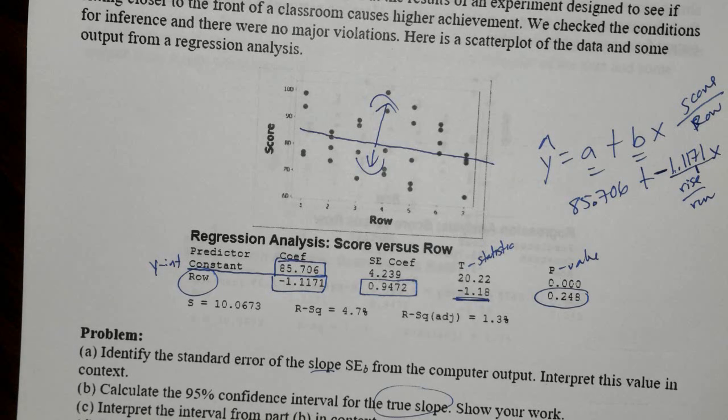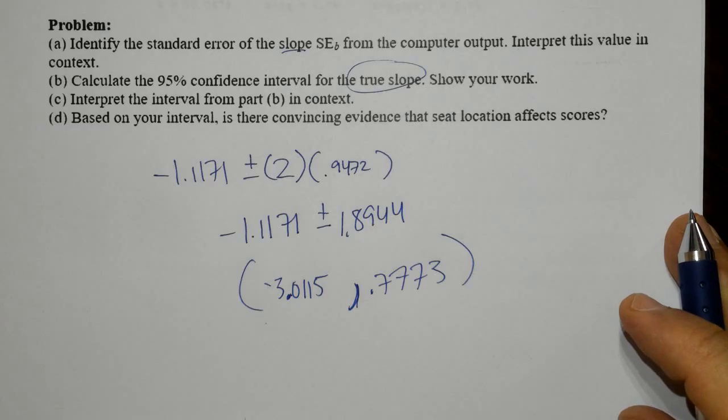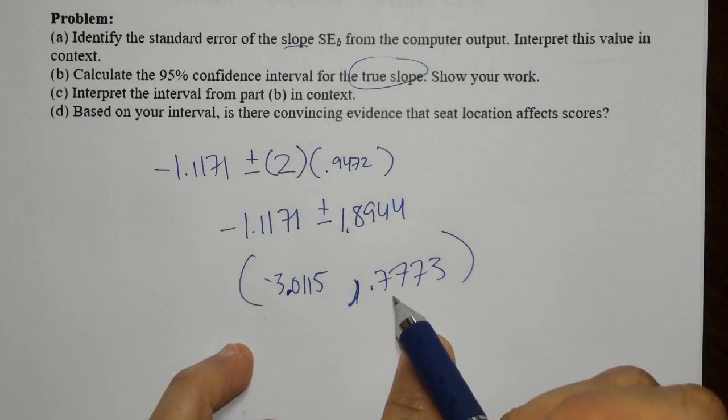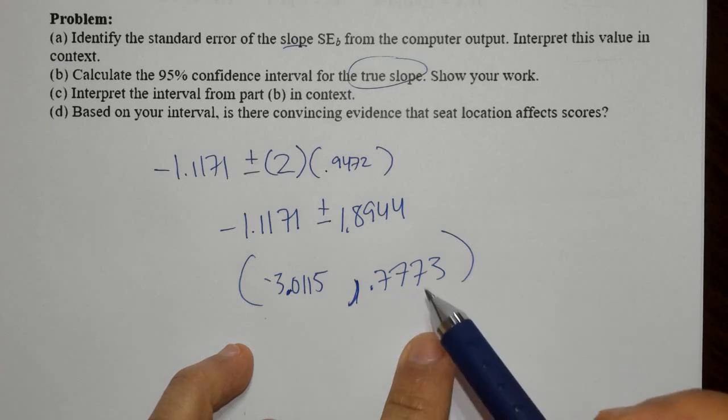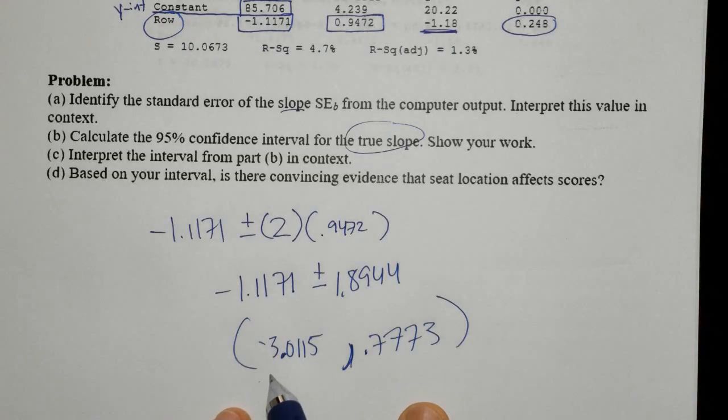And on the minus side, when you subtract, it's negative 3.0115. What does this tell you? We're 95% confident that the true slope or relationship between these two variables is between negative 3.015 and 0.773. Does that help?